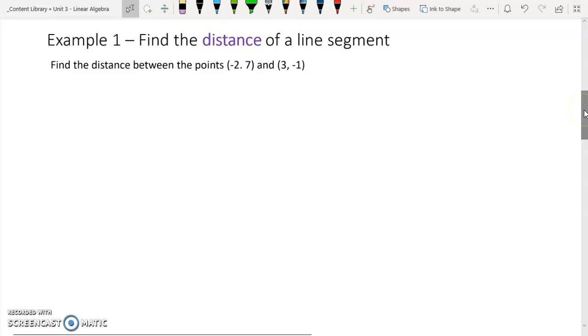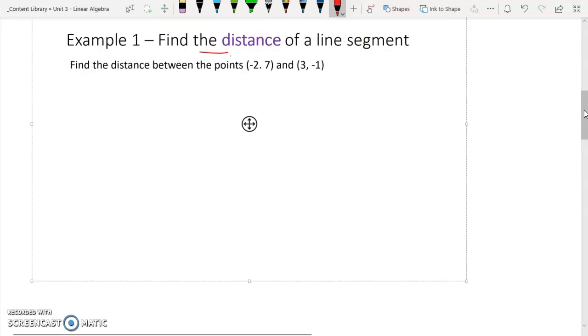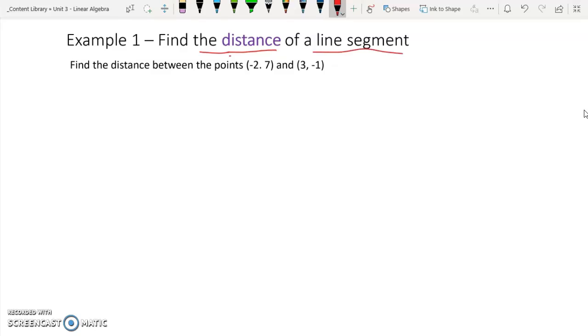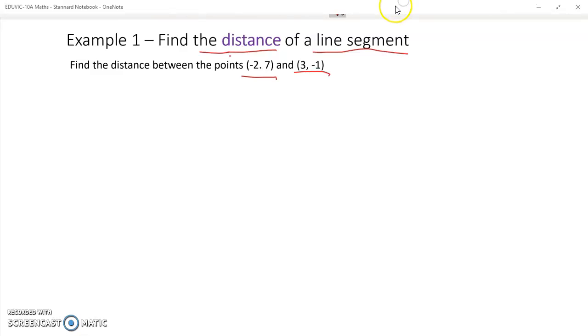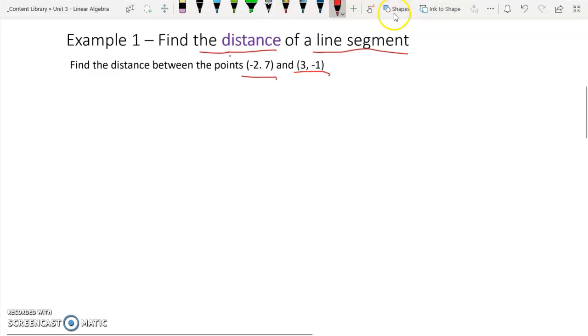So, first example, we want to be able to find the distance of a line segment. In this case we have 2 points, (-2, 7) and (3, -1). Is this happening?